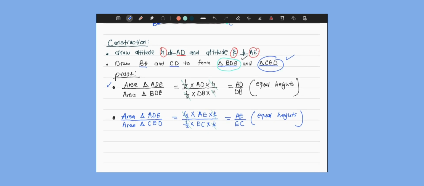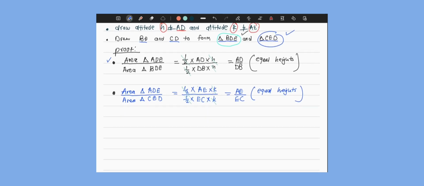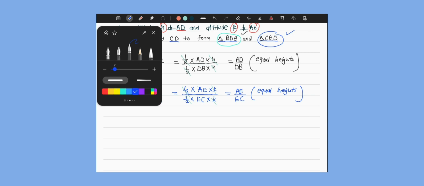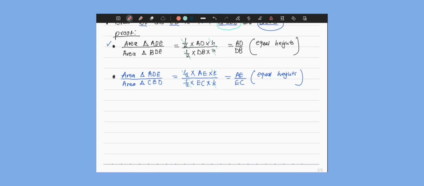Then after that, we have to move to point number 3. What we noticed now is that the area of the triangle BDE is equal to the area of the triangle CED.